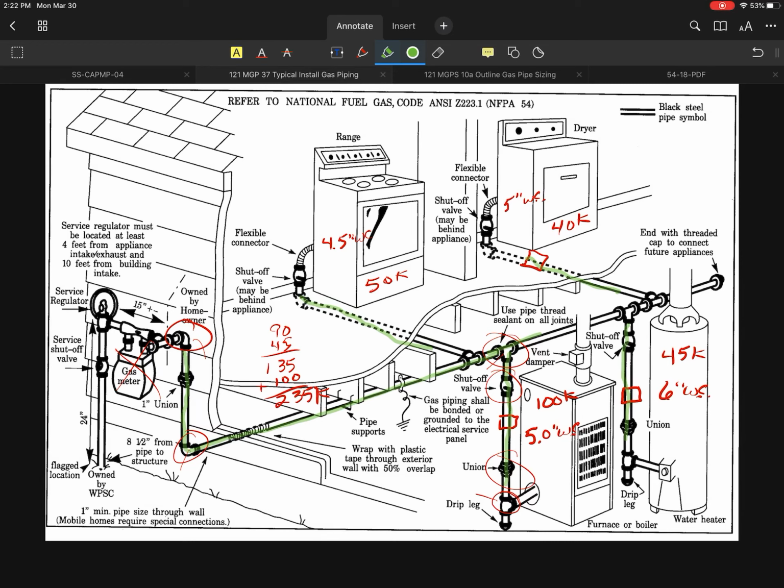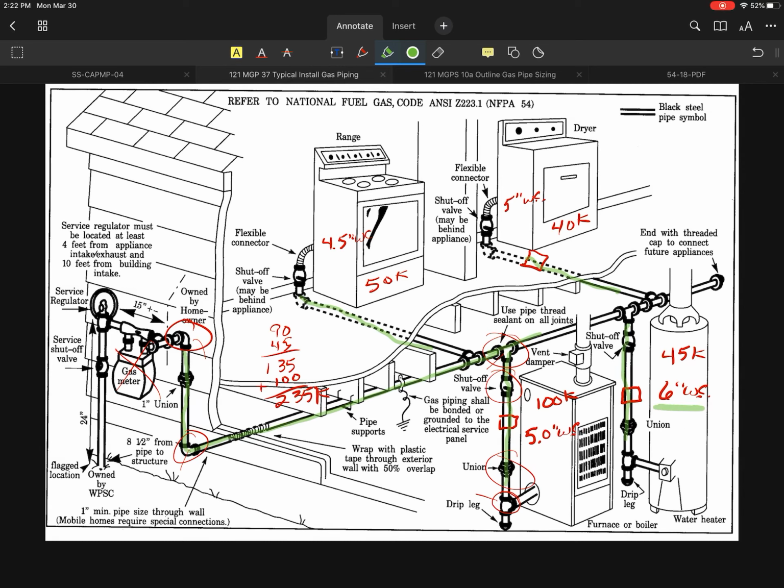So maybe my gas pressure going to that water heater drops down to about 5 inches of water column. Now, that would be a little bit excessive as a pressure drop, and it's totally fine for the other appliances, but it's not fine for that water heater.